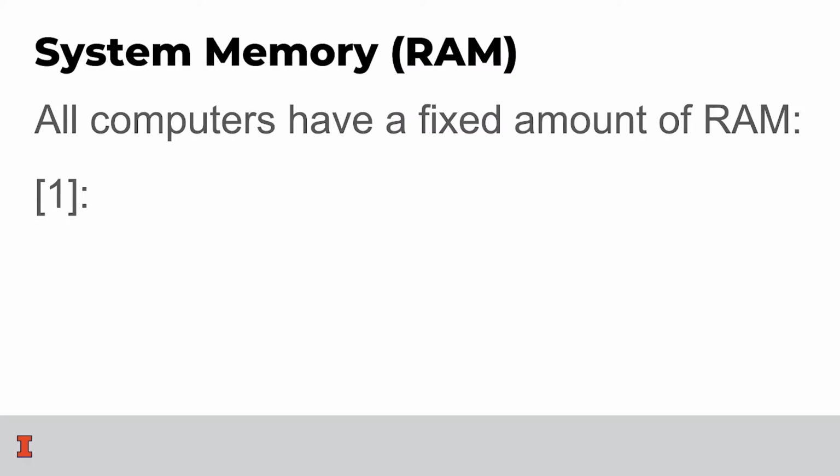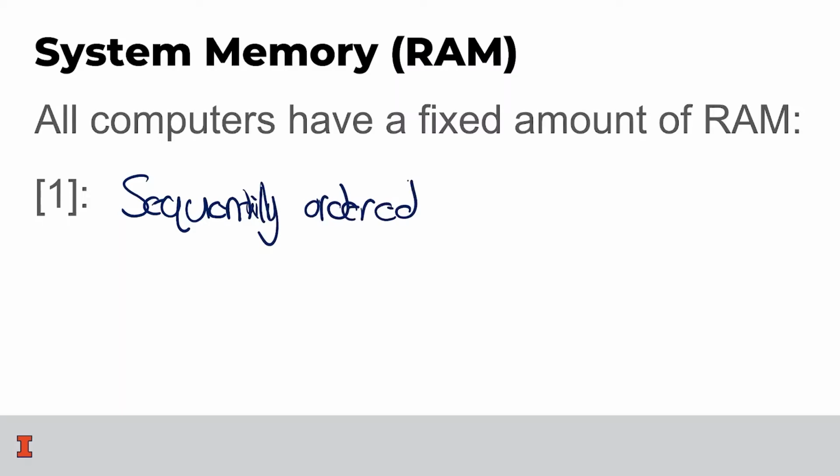We are all familiar with the third level of our hierarchy, system RAM. You all found out how much RAM you had on your dream computer. All computers have a fixed amount of RAM. The great thing about RAM is that it is sequentially ordered.